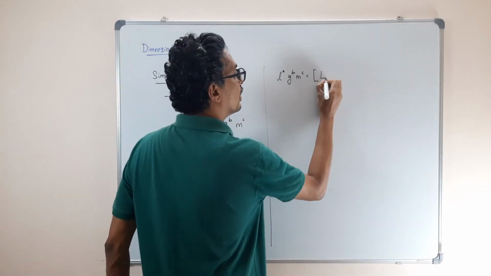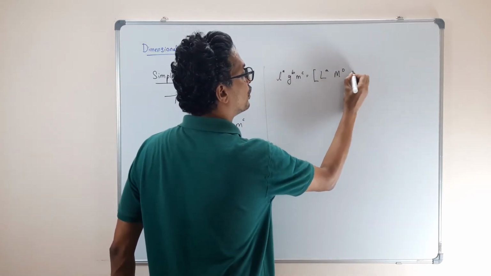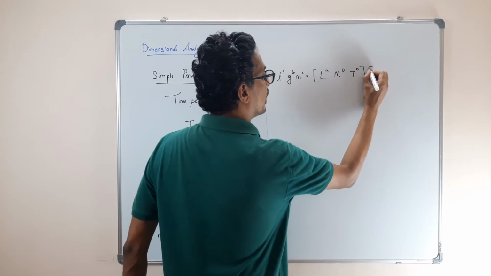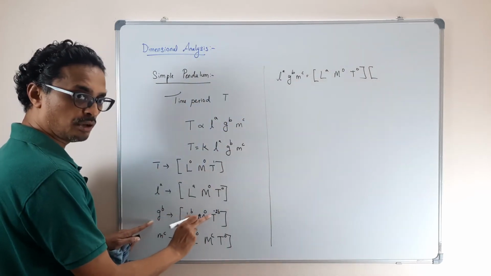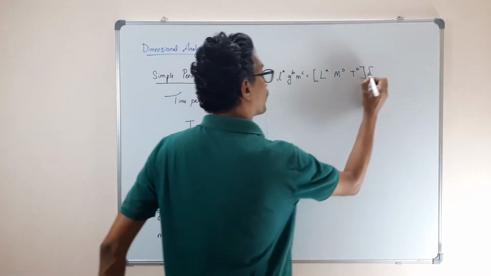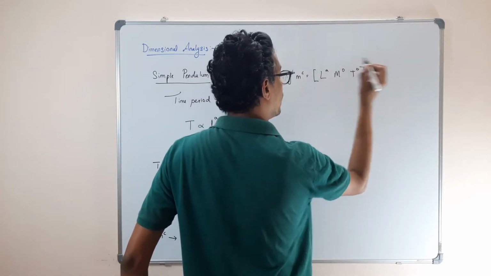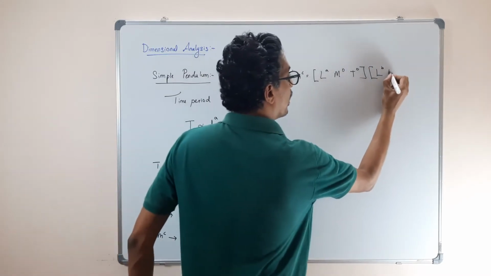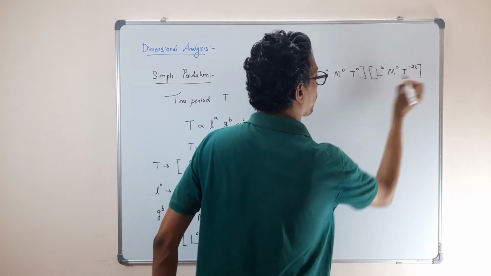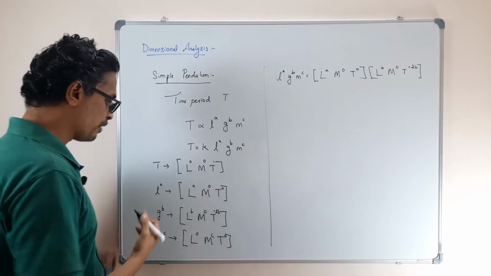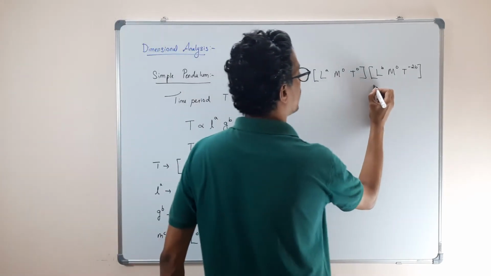Correct? L power A, M power 0, T power 0. And the next one is for G power B: L power B, M power 0, T power minus 2B. And then M power C. So M power C is what?